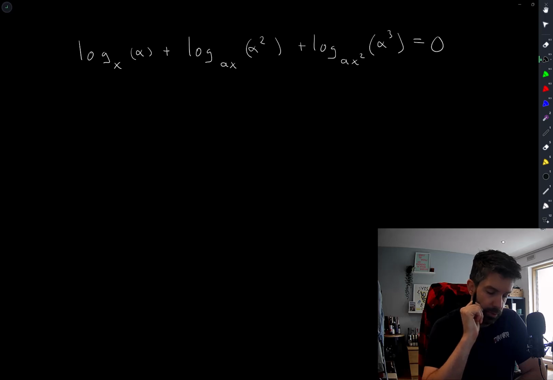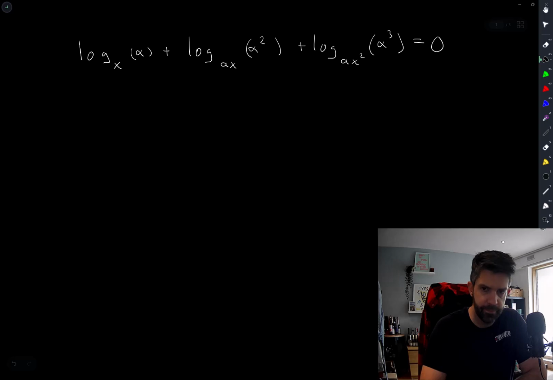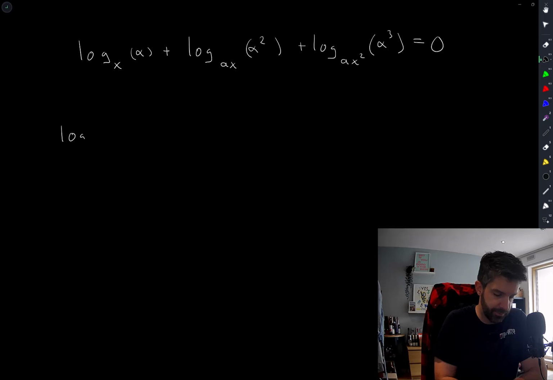I could of course just write out by the definition of logarithms, this is log alpha divided by log x and so on. And maybe we get some kind of simplification there. But I'm not really sure where things will go. Let's see what happens.